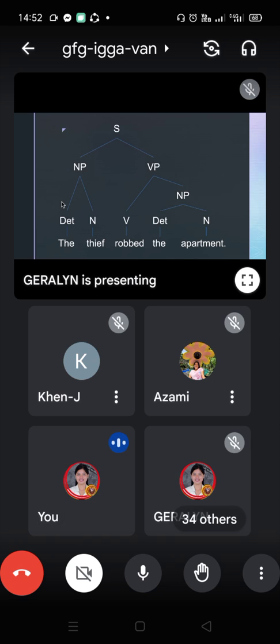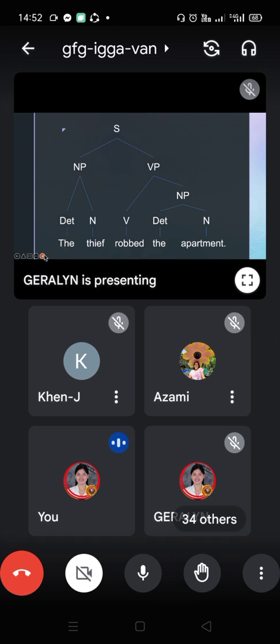Just like here, we have determiner, noun, and verb. And then we have noun phrases and we also have verb phrase. So we come up with a sentence. And remember that these two are the domineering phrases. We have noun phrase and verb phrase nga pag wala na sila, walay sentence.